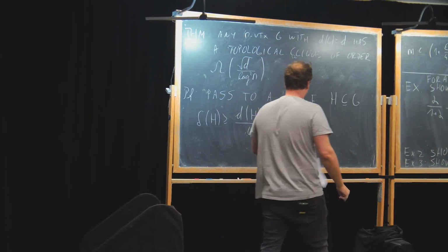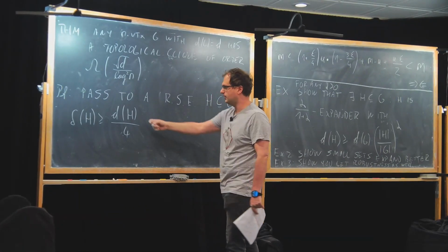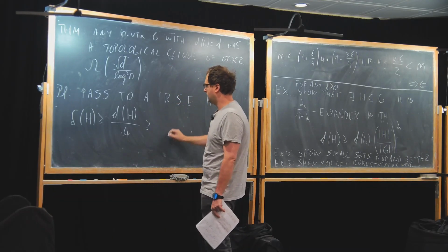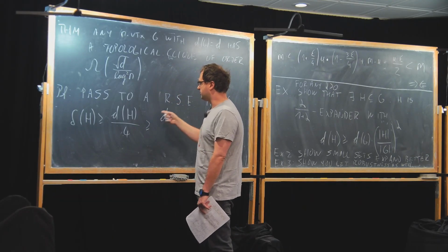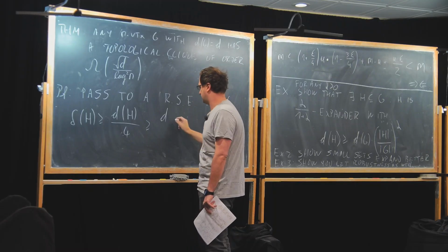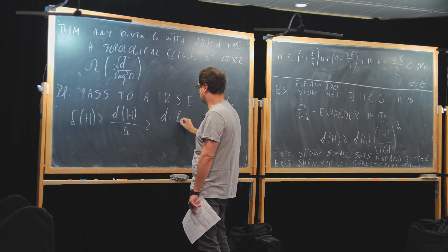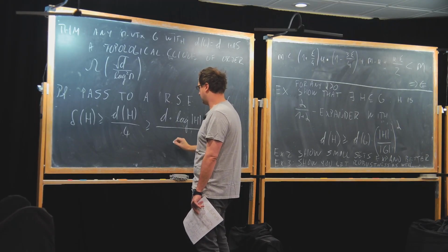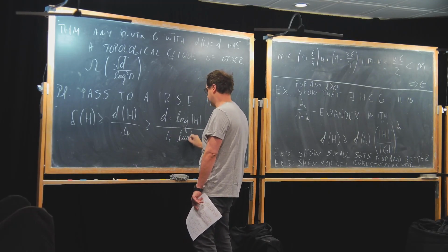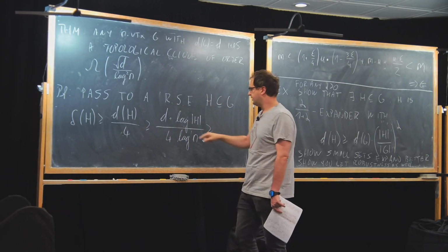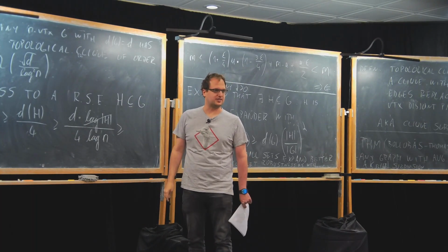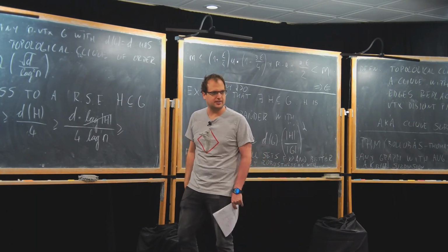And by the pass to expander lemma, what we get on this one is that it's at least D, so that's the average degree of our big graph G, times log of the number of vertices of H divided by 4 log n. And here I'll actually just forget about this because I'm being wasteful and I'm letting myself have some polylogs, so why not have another polylog?